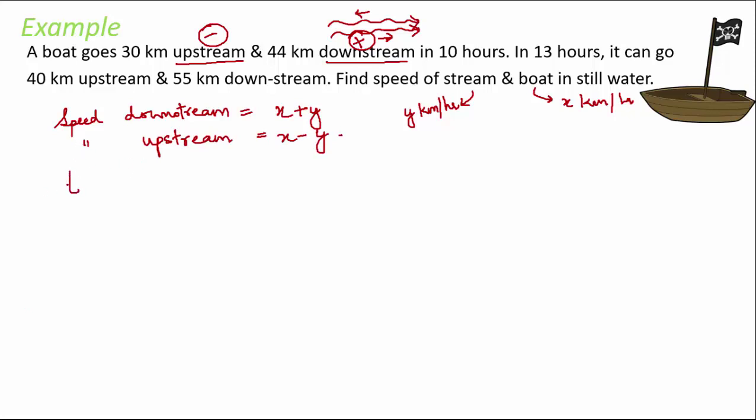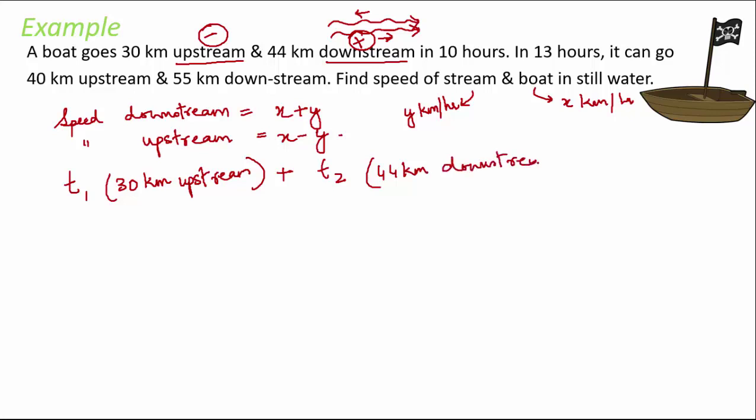Now, according to the question, the time taken to cover 30 kilometers upstream plus the time taken to cover 44 kilometers downstream is equal to 10 hours, right? So what is the time taken?